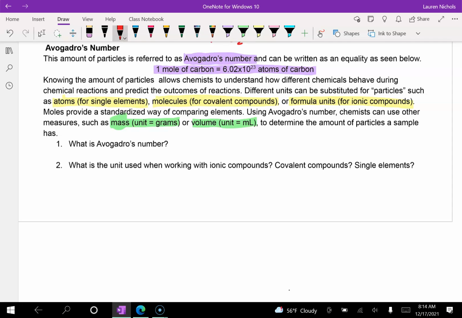So as we review, what is Avogadro's number? Avogadro's number is 6.02 times 10 to the 23 particles, and that number is on the back of your periodic table. The county finally added it there as part of your formula sheet, so you do not have to memorize it, but you probably will on accident anyway. When we talk about ionic compounds, instead of using the word particles, we're going to use the word formula units.